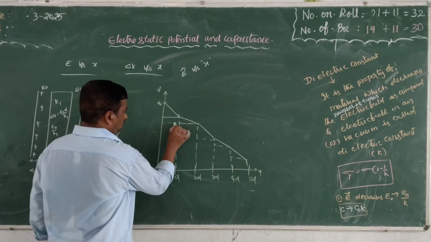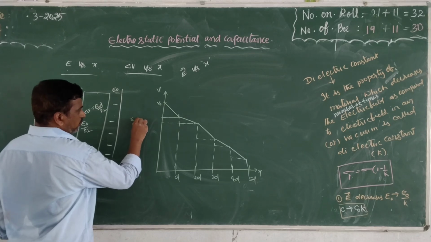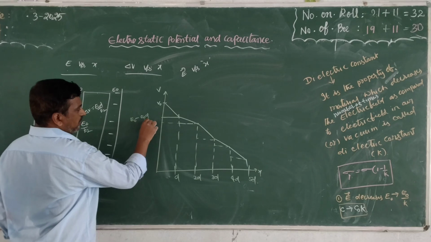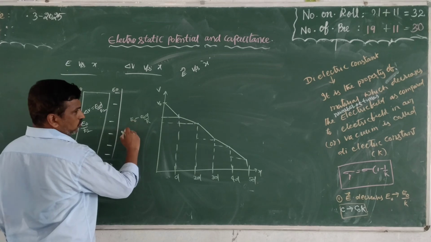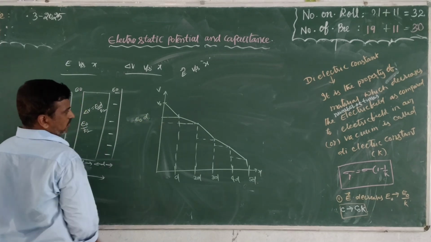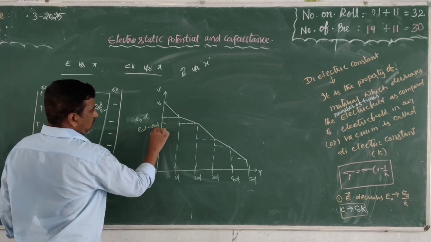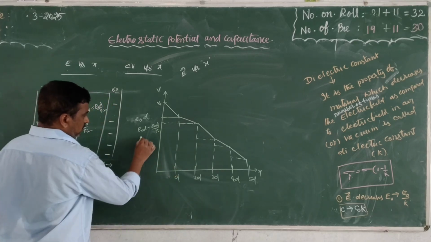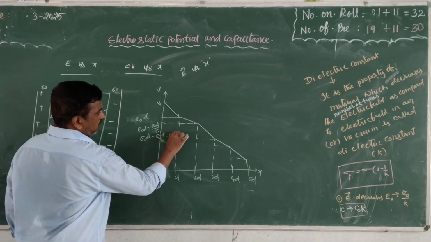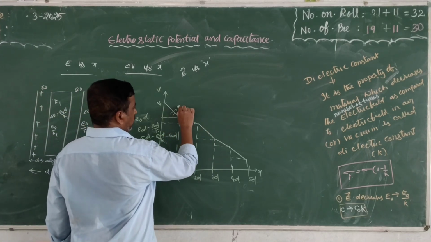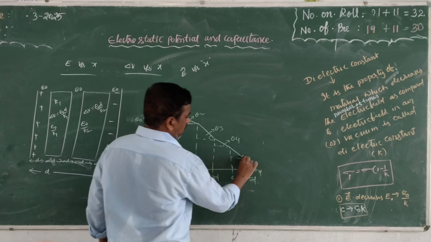Again in empty space, this one is V naught minus E naught D by K. So delta V equals E naught into D, then E naught D minus E naught D by K1, then again E naught D minus E naught D by K1 minus E naught D. Here the air space gives theta 1, theta 2, theta 3, theta 4, theta 5.